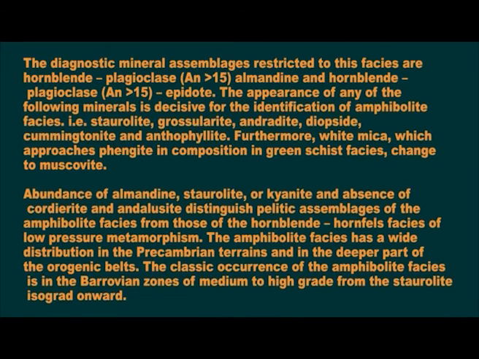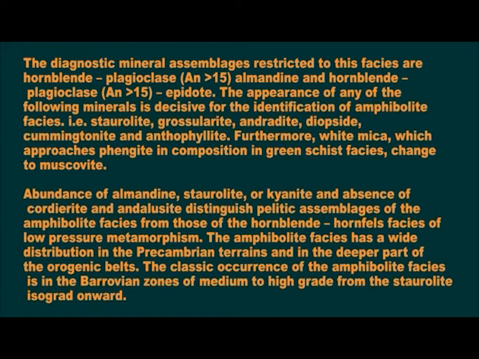The diagnostic mineral assemblages restricted to this facies are hornblende, plagioclase, anorthite more than 15%, almandine and hornblende, plagioclase, anorthite more than 15% with epidote. The appearance of any of the following minerals is decisive for the identification of amphibolite facies, that is staurolite, grossularite, andradite, diopside, cummingtonite and anthophyllite.